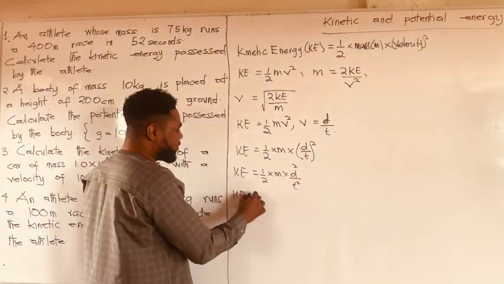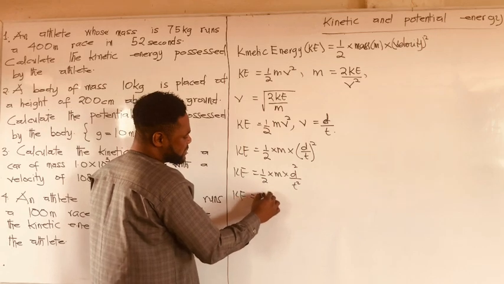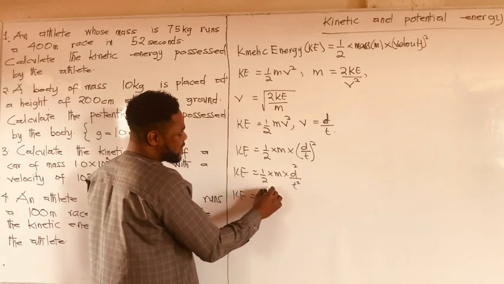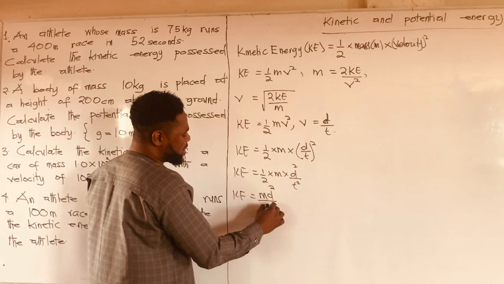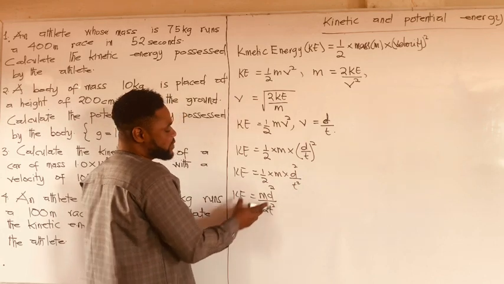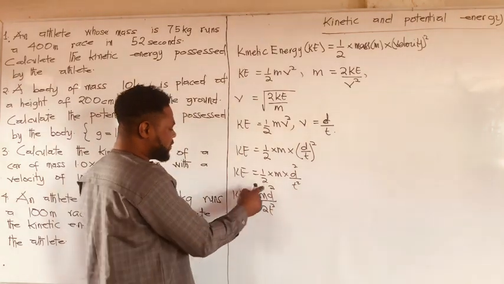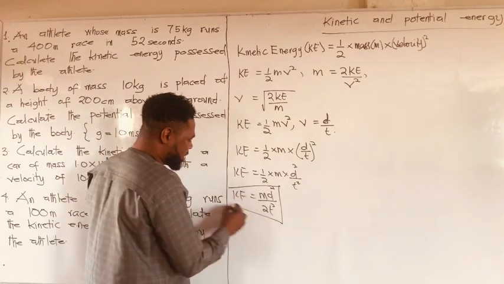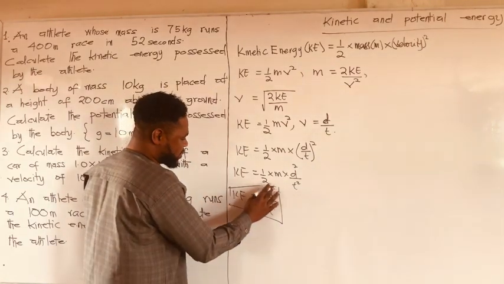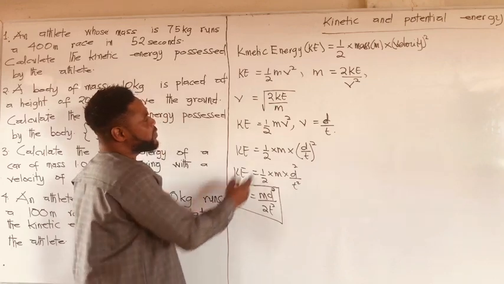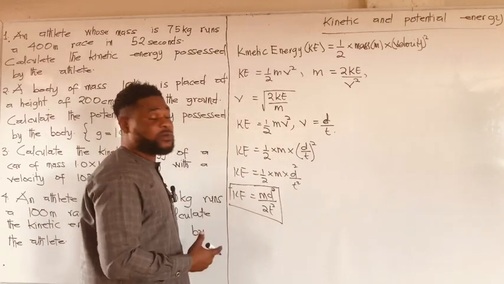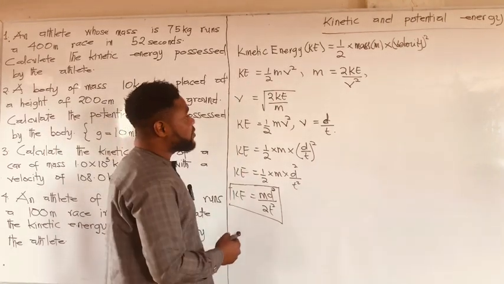And we can simplify it as mass multiplying our distance squared, all divided by 2 multiplying our time squared. So we can also have this formula for kinetic energy. We can have these formulas based on the question and the type of formula we can use.